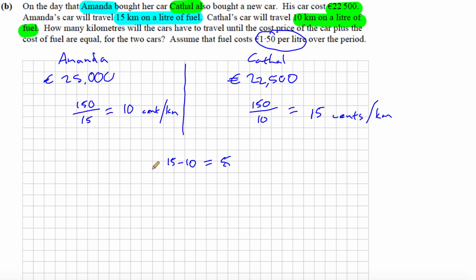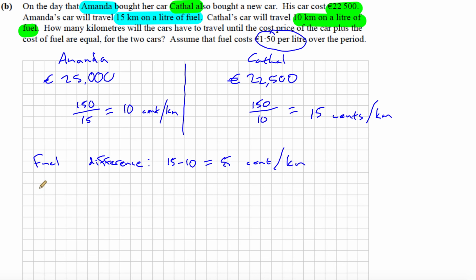That's 5 cent per kilometre. So how many kilometres would it take to make up the difference in the cost of the car? So the fuel difference was the 5 cents per kilometre.